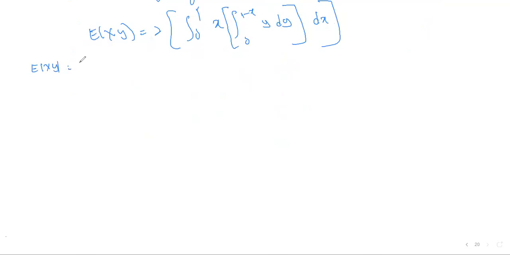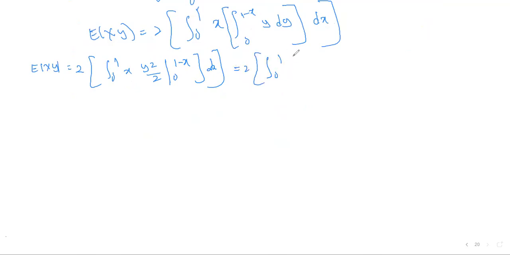Now expected value of xy is equal to 2 into bracket. So 0 to 1 x as it is. So integration of y is y square by 2 with the limits. And then as usual dx we have. This is equal to 2 into 0 to 1 x by 2, then y square is 1 minus x whole square, right?